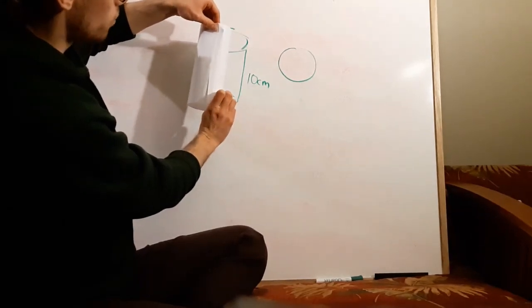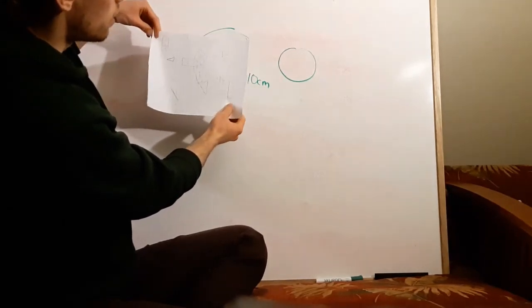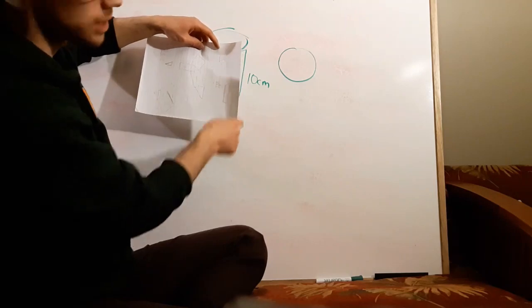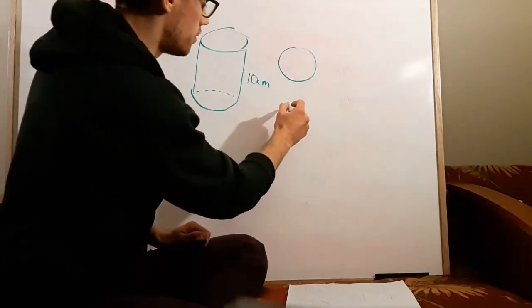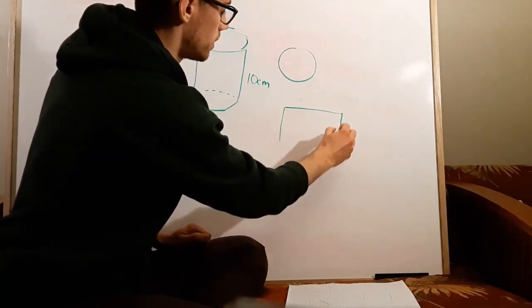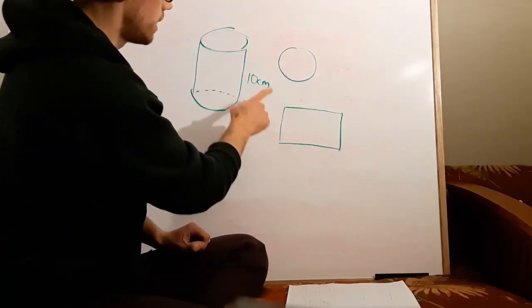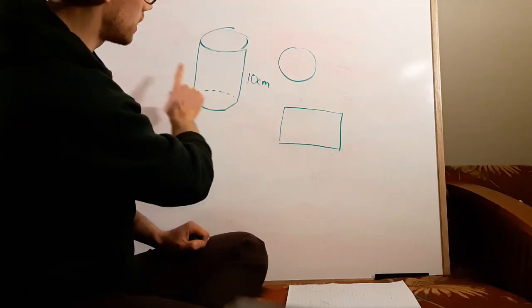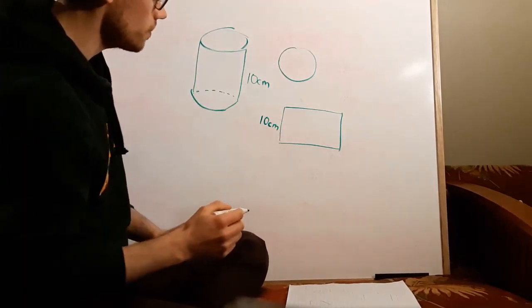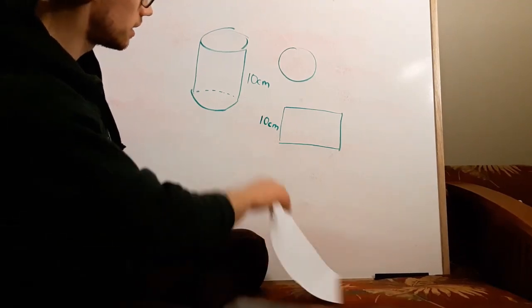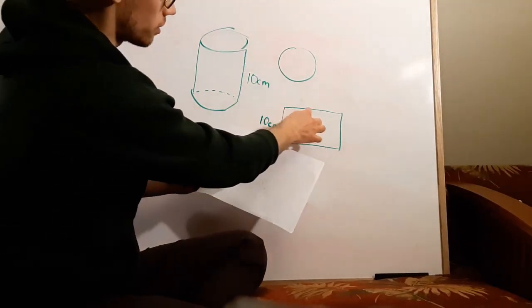So when I unwrap it, 10 centimeters is the short side, so be careful about that. So I have a rectangle here, and if this rectangle was representing that circular part, this part would be 10 centimeters. But the question now stands, what is this length right here?